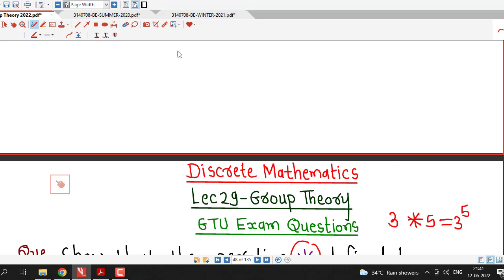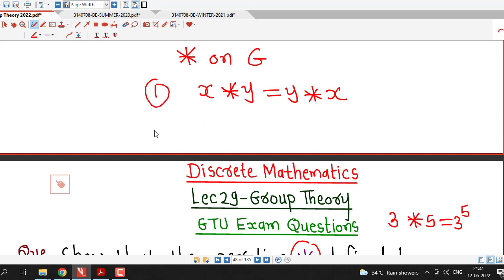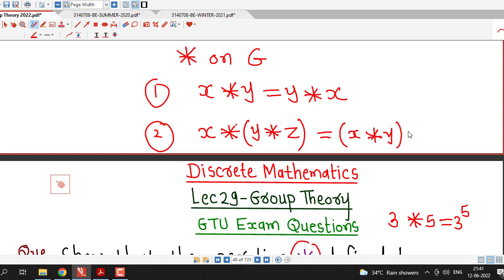Suppose we have some binary operation star on some set, say G, then this binary operation star is commutative if for any two elements x star y and y star x are equal, and this binary operation star is associative if for any three elements x, y, z we can have x star (y star z) equal to (x star y) star z.